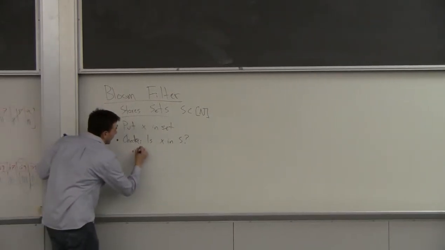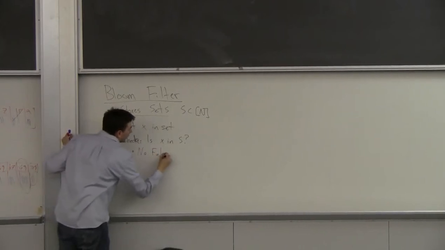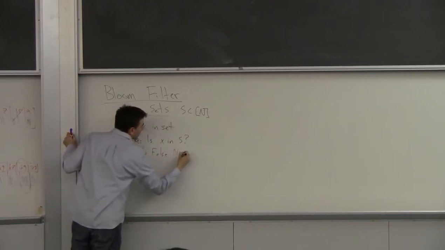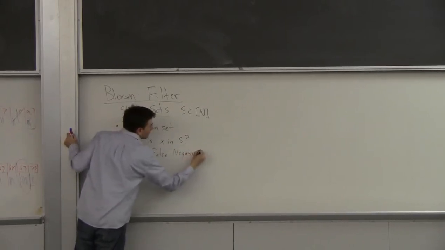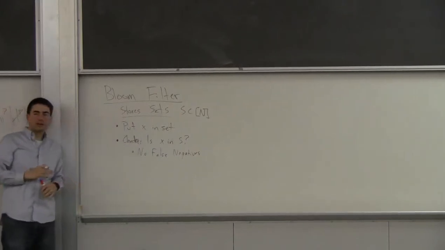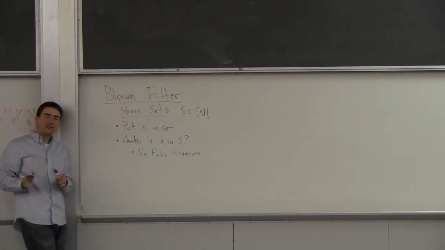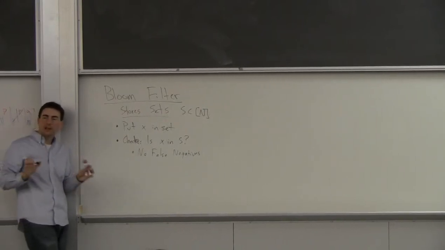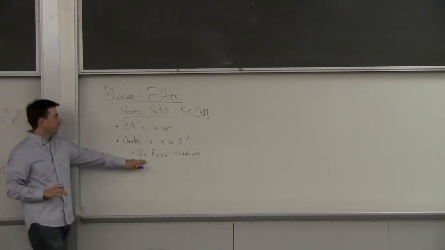This is going to have no false negatives. If something's in the set, it will always tell you that it's in the set. If it's not in the set, it may mistakenly tell you it is, but you can make that a very small probability of error.